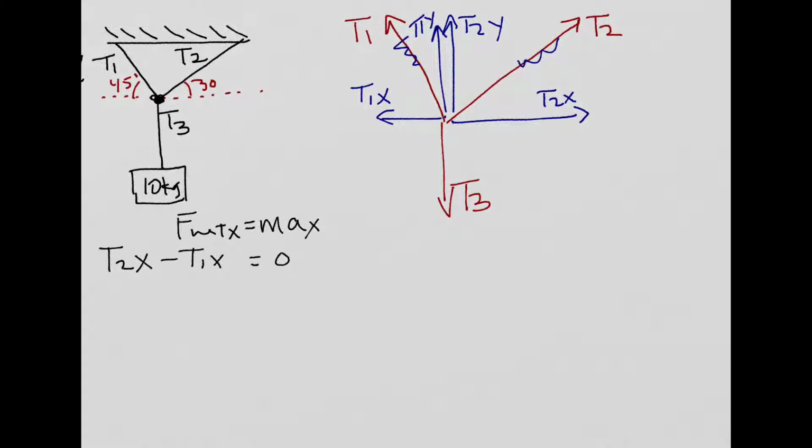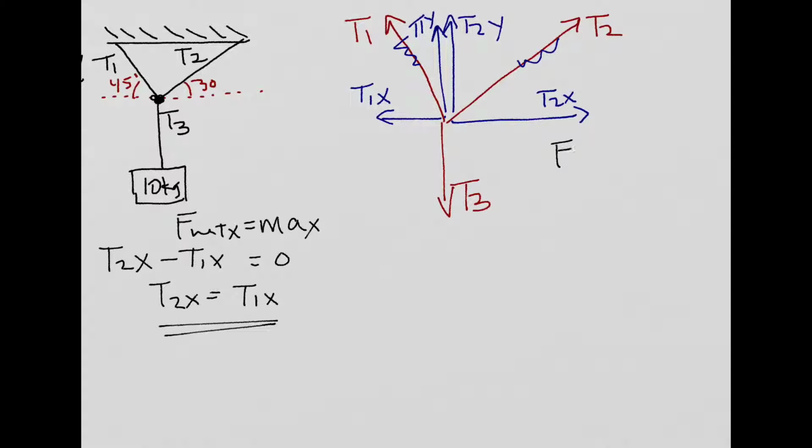So what that means is that T2x equals T1x. So now we know that they're equal and opposite, which means the ring will not move side to side. So that's one conclusion.